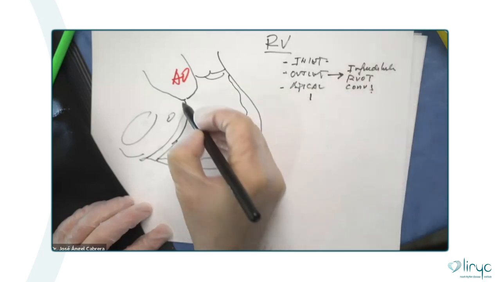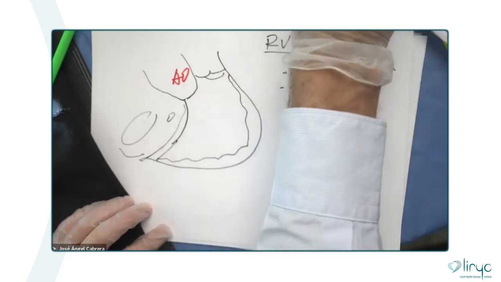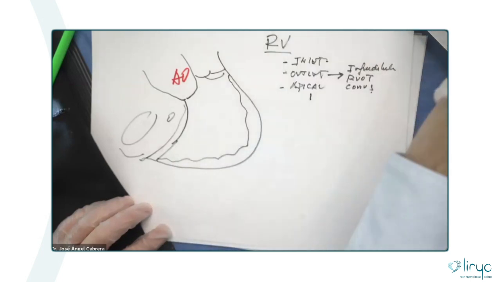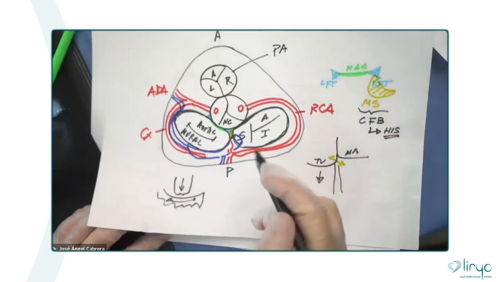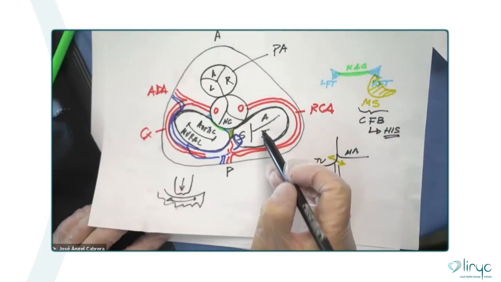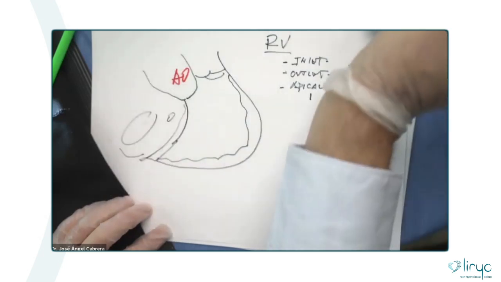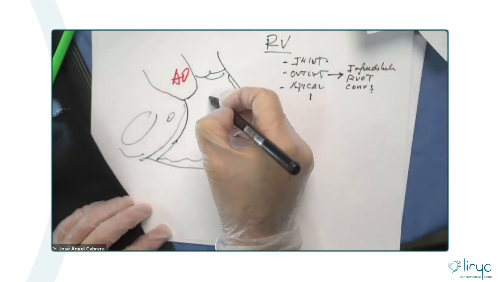And the inlet, this is the area of the three papillary muscles. And remember that we have septal, anterior, and inferior leaflet. And what are the main anatomic landmarks? We have a trabecula here.